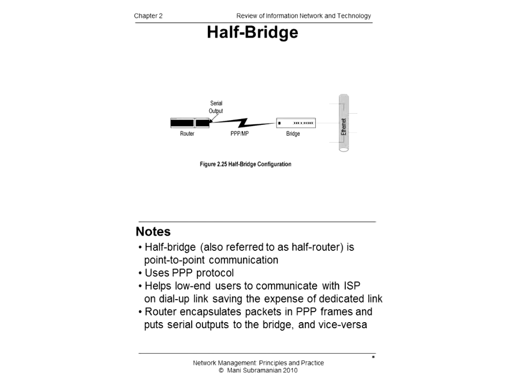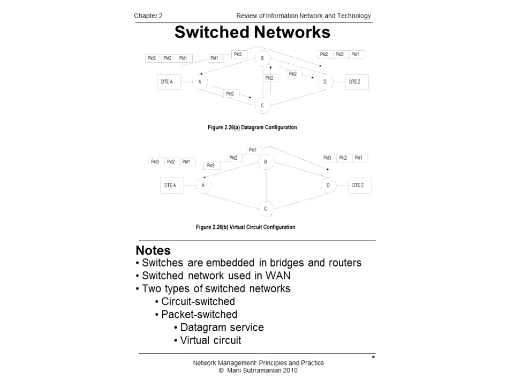PPP is Point-to-Point Protocol. It helps low-end users to communicate with the ISP, that is Internet Service Provider, on a dial-up link, saving the expense of a dedicated link. The router encapsulates packets in PPP frames and puts serial outputs to the bridge and vice versa.